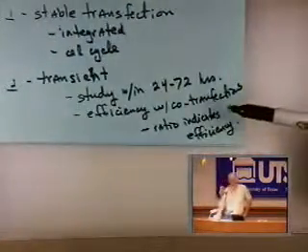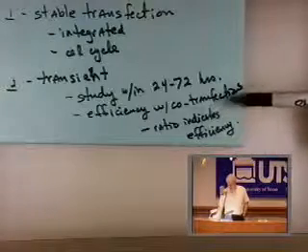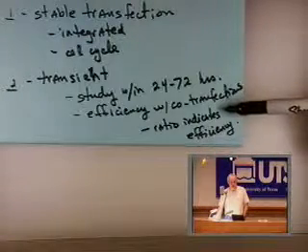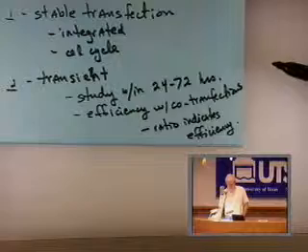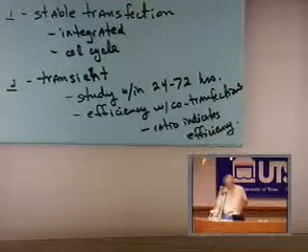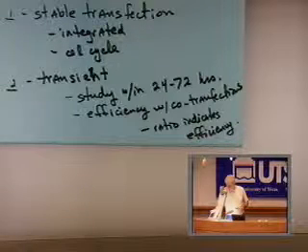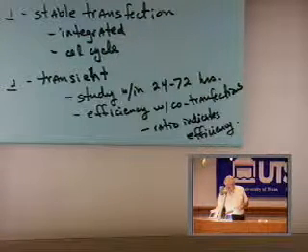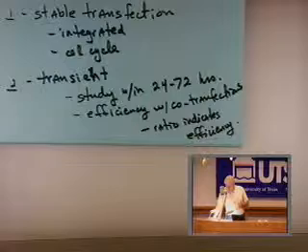So you may see in articles that you read, they'll say that the cells were co-transfected with the promoter region for growth hormone receptor and CAT or something else.